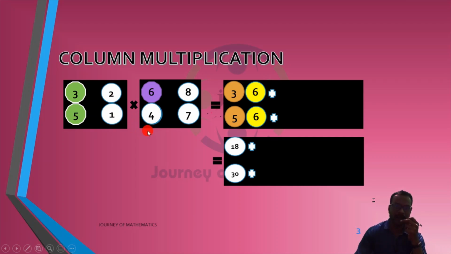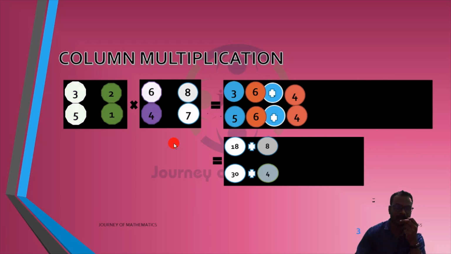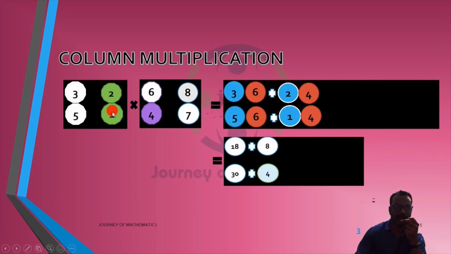So I will take the second column of the first matrix and multiply this column with 4. With this, column multiplication is over for the first column of the second matrix.